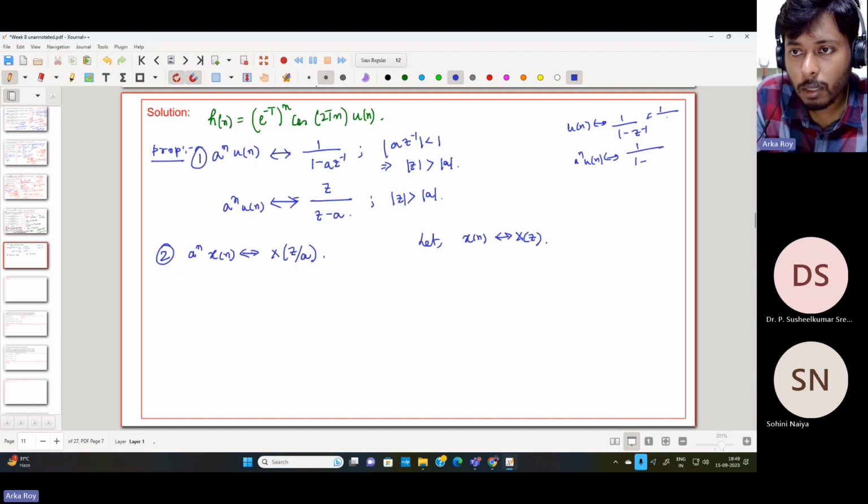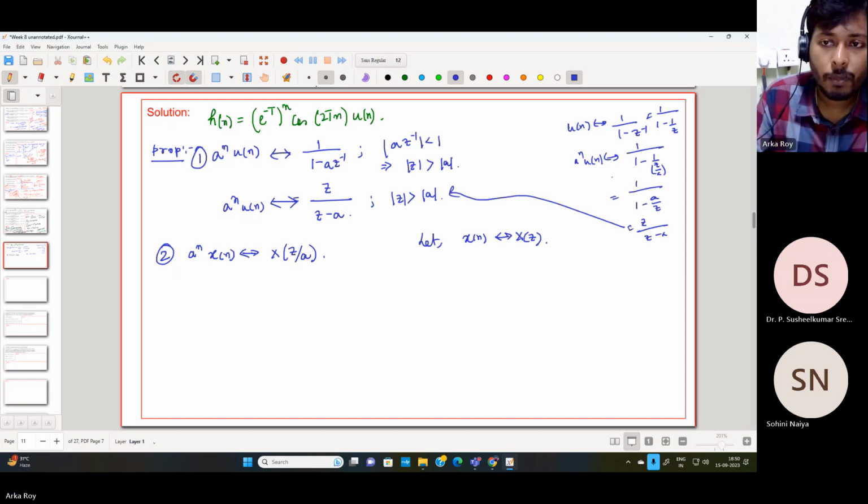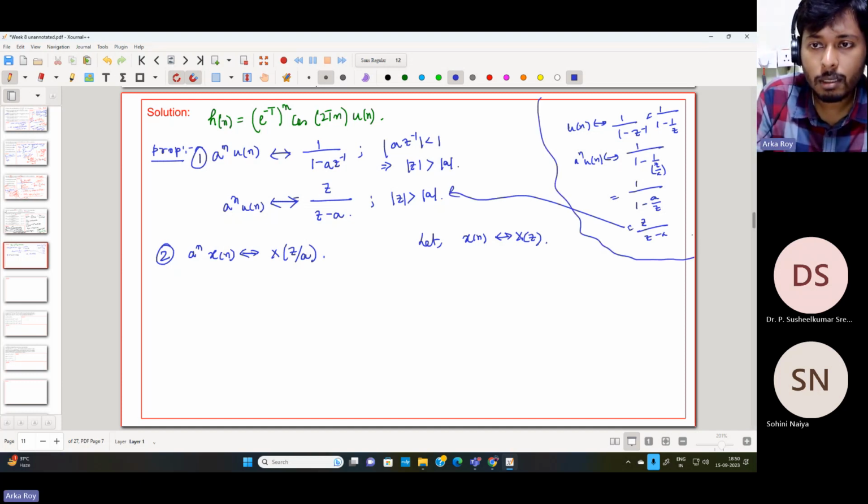So I can write it as 1 divided by 1 minus a by z. Therefore, z divided by z minus a, which is written over here. So this is just for illustration of this second rule.